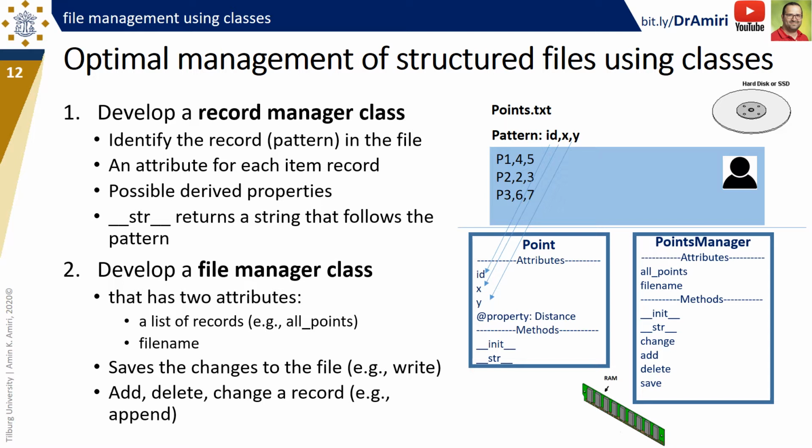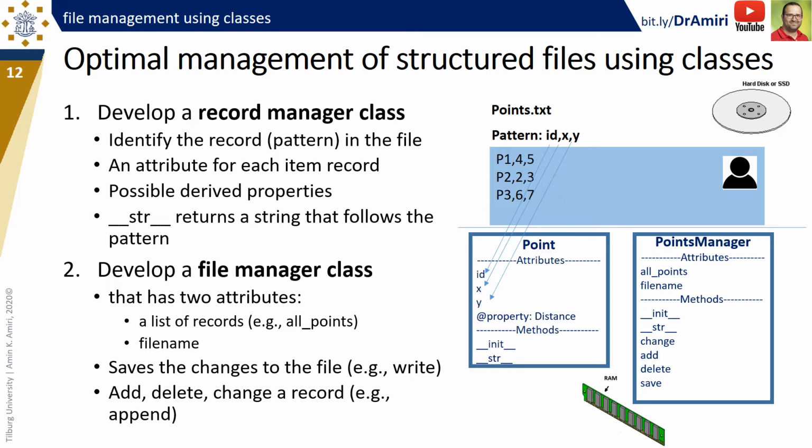For each attribute in the item record, you need to have an attribute in the class. So if we have ID, X, and Y here, you need to have ID, X, and Y as attributes of this class, for example, called a point.